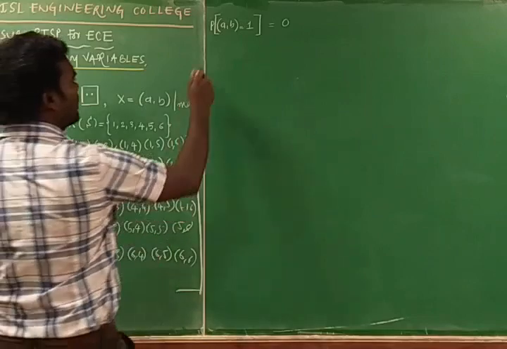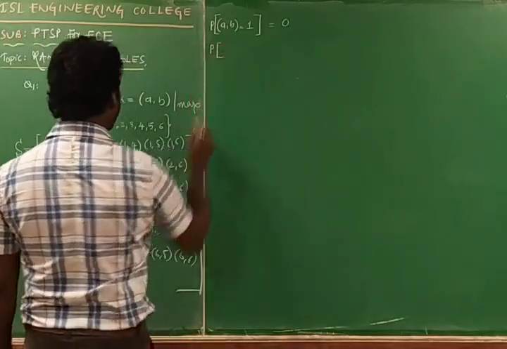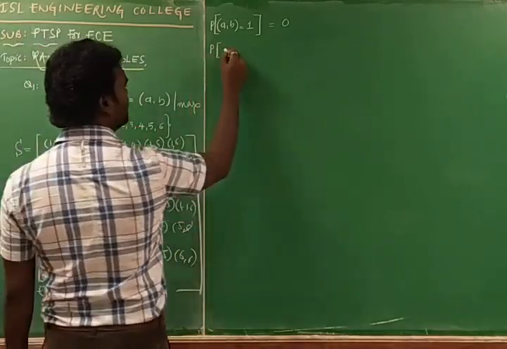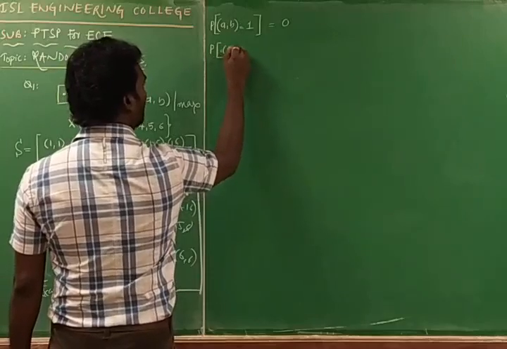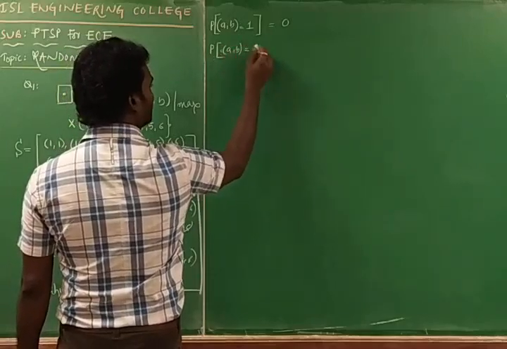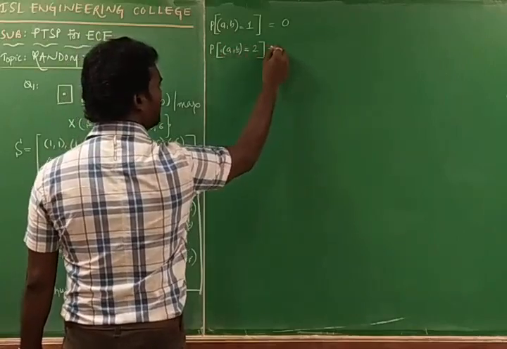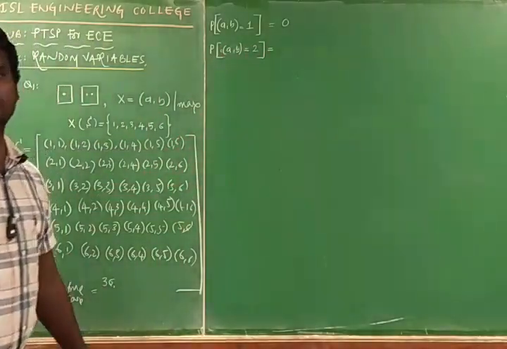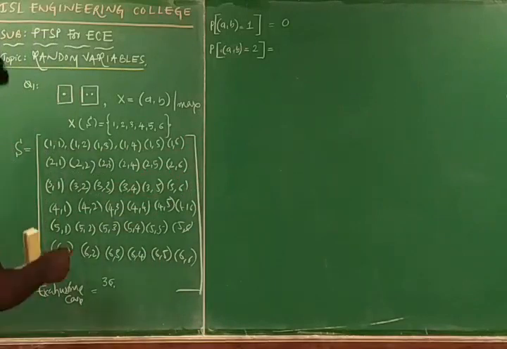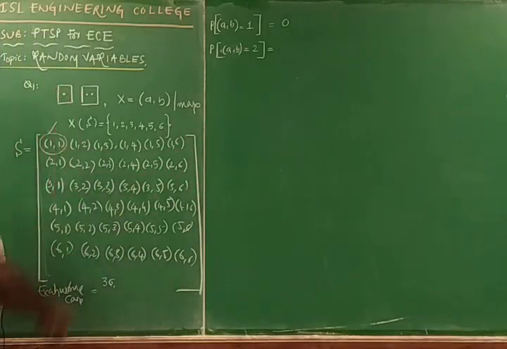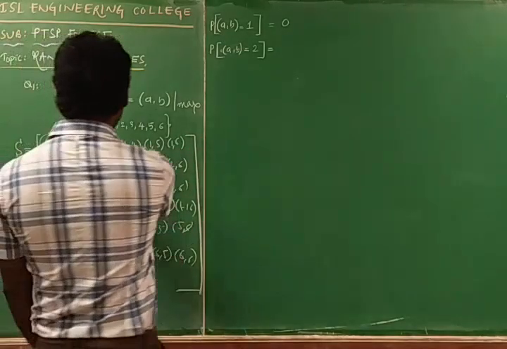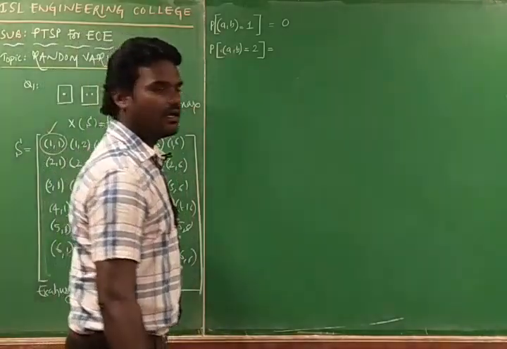So the next one is the probability of (a, b) whose sum is equal to 2. Here I can have only 1, so we have only one possible favorable outcome.